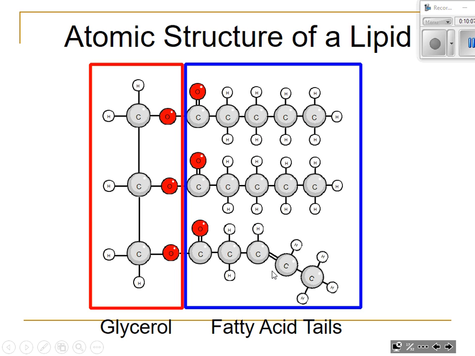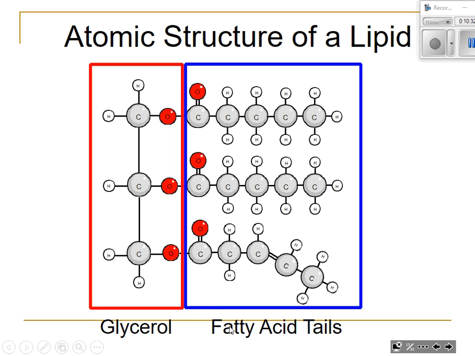Remember, what did we say the monomers of a lipid were? What did we say they were, Sydney? Glycerol and fatty acids. Right here's glycerol. This thing is a glycerol right here.